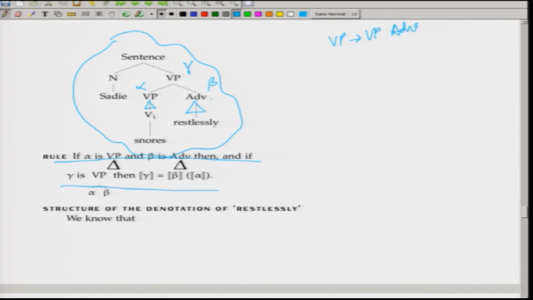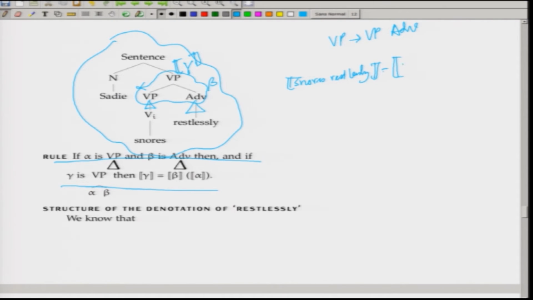So gamma goes to alpha beta, then the reference of gamma, remember it is the entire branch, all this fork, which is basically Snows restlessly, will be the reference of beta.